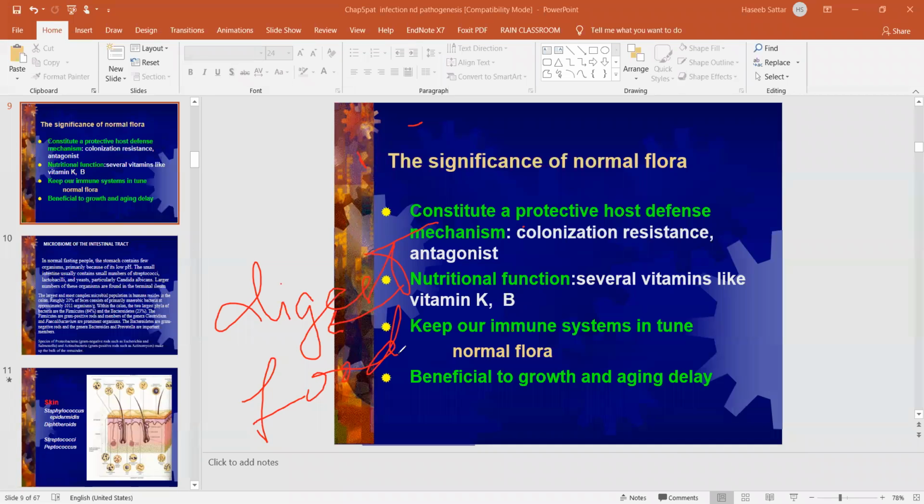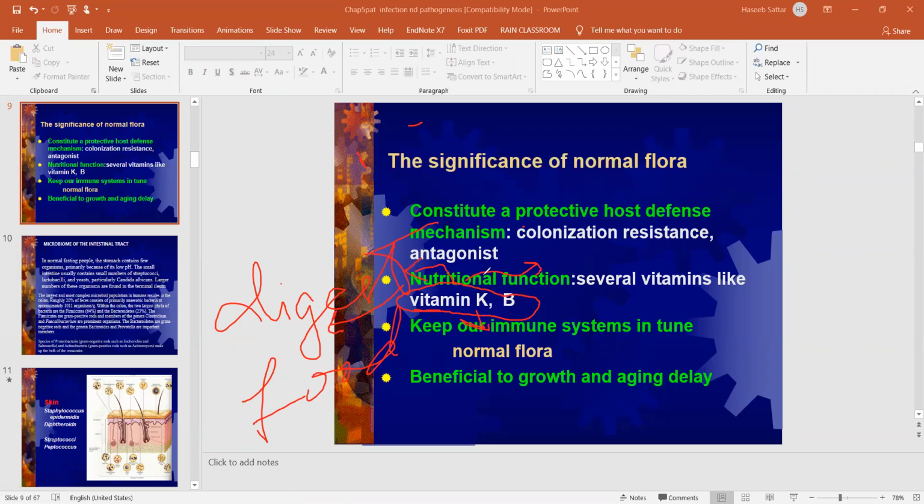When the feces passes through the colon, these bacteria digest the undigested particles of food, as well as secrete vitamin K and vitamin B. Vitamin K is responsible for coagulation, we know that. So these bacteria provide us nutrition, as well as help us in digestion.